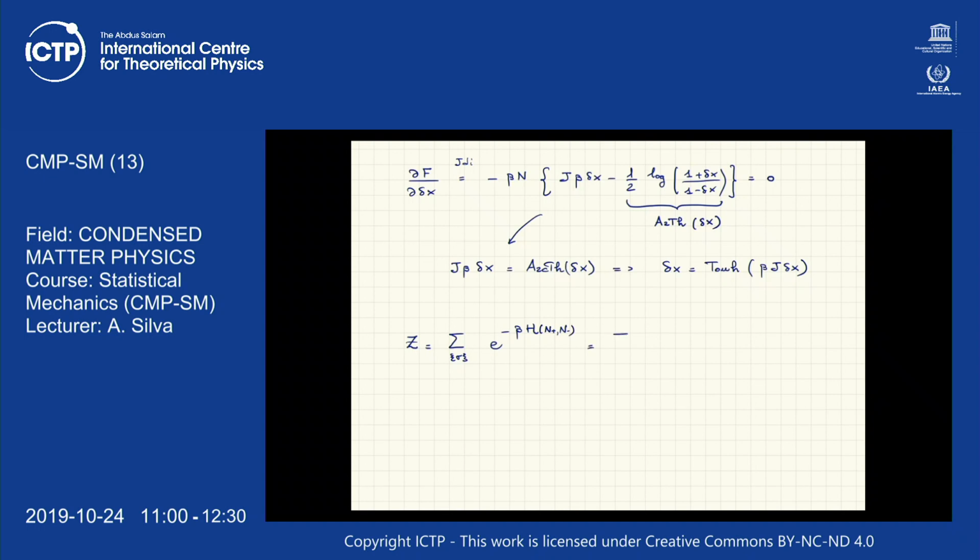Therefore, I can write this as a sum over all n plus and n minus, then as a sum over all configurations that produce a certain pair n plus and n minus, of e to the minus beta H(n plus, n minus).